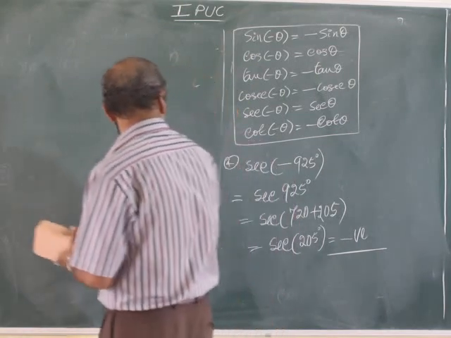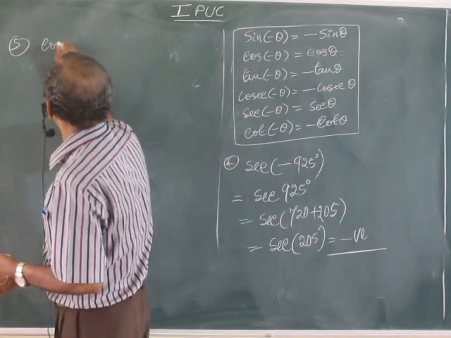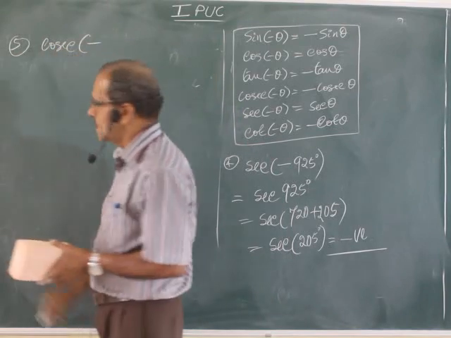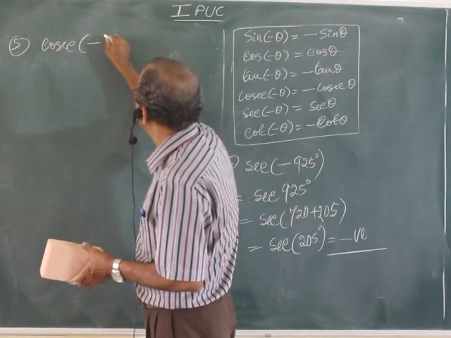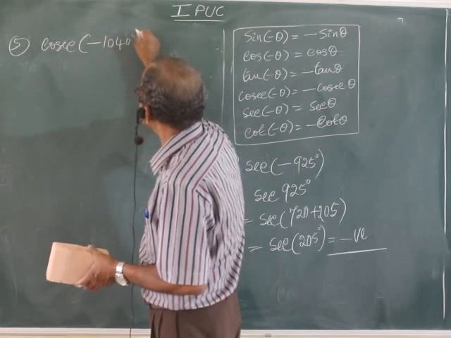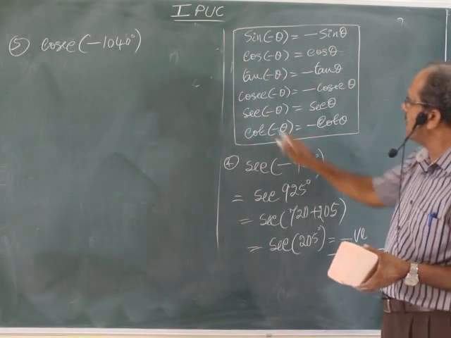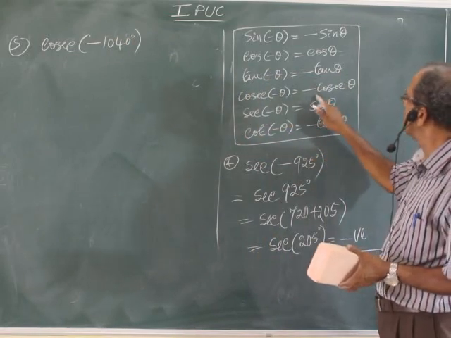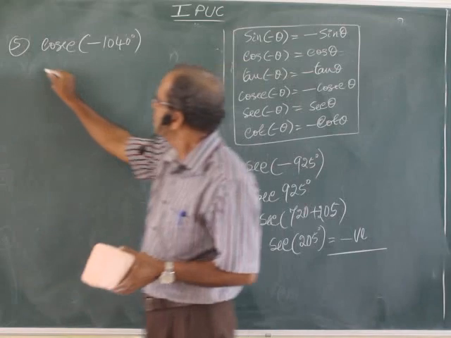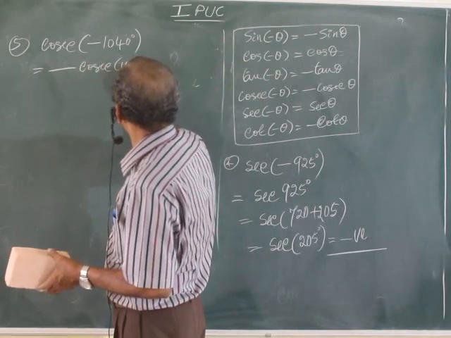And the last problem, under secant over cosecant, the fifth one: cosecant of minus 1040 degree. Cosecant of minus theta is minus cosecant theta. First step is minus cosecant theta.